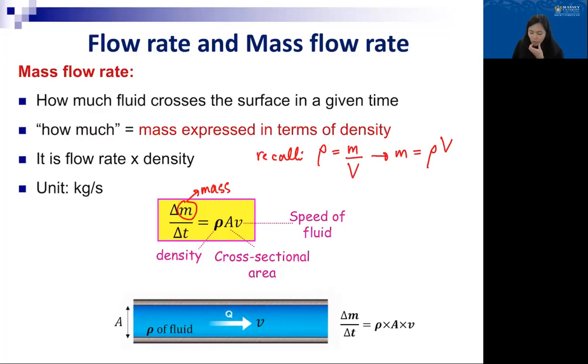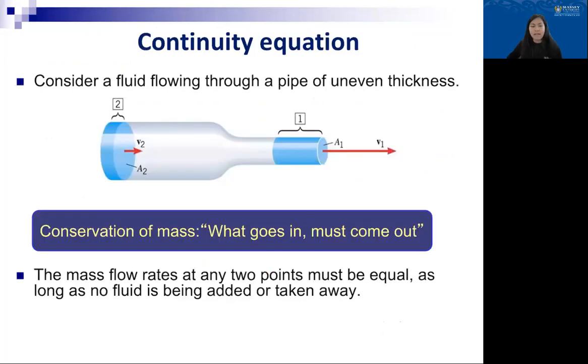Now consider, for example, a pipe that changes its cross-sectional area. As shown in this figure, you have a pipe with a certain cross-sectional area A2, and then at a certain point the pipe narrows such that A1, the cross-sectional area at this point, is smaller than the original cross-sectional area.